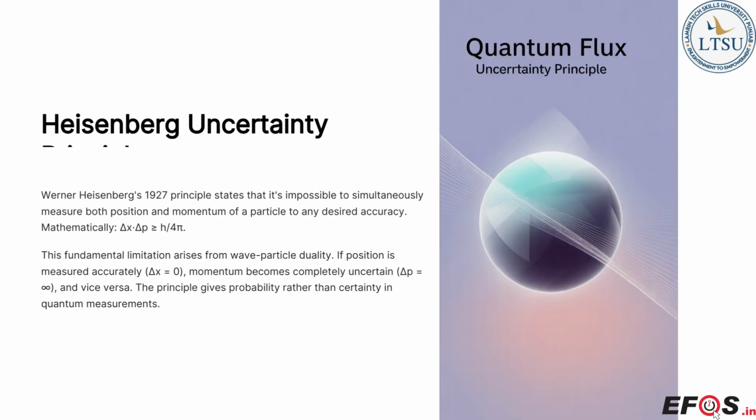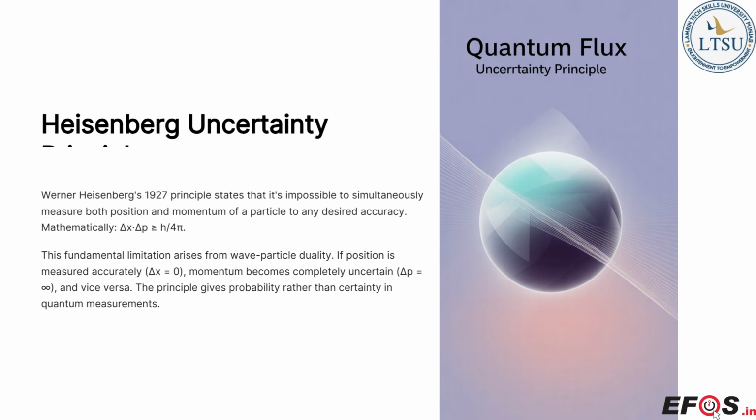The Heisenberg uncertainty principle, established in 1927, introduced a fundamental limit to what we can know about a quantum particle. It states that it is impossible to simultaneously measure both the position and the momentum of a particle with perfect accuracy. Mathematically, the product of the uncertainty in position, Δx, and the uncertainty in momentum, Δp, must be greater than or equal to h/4π.